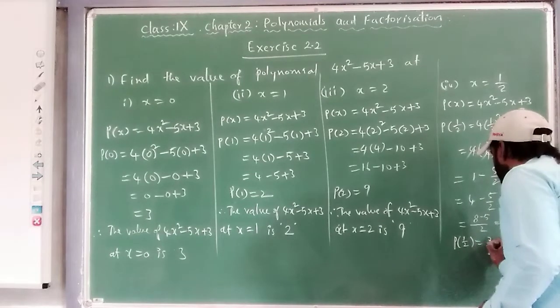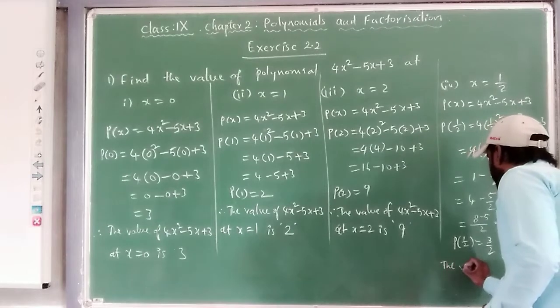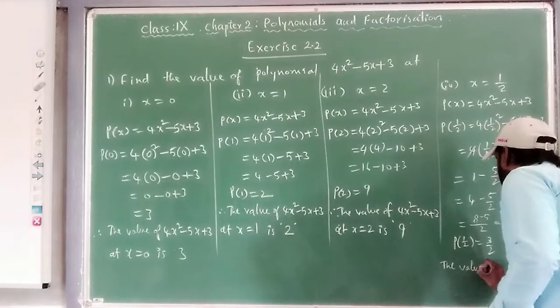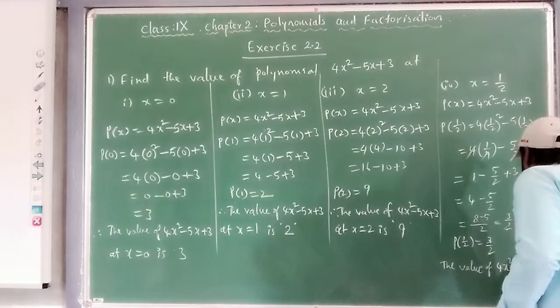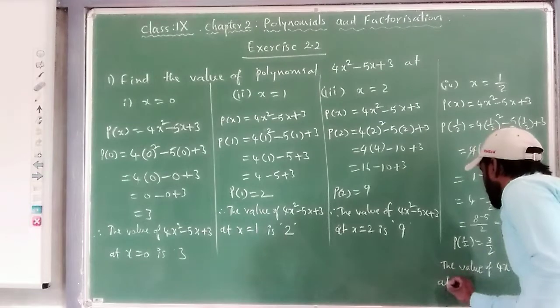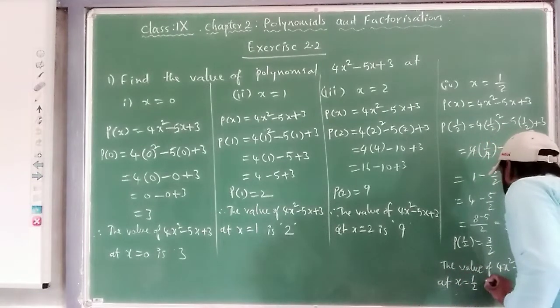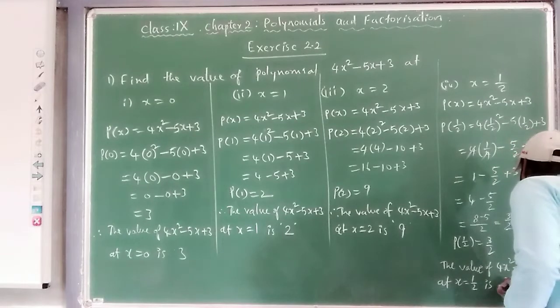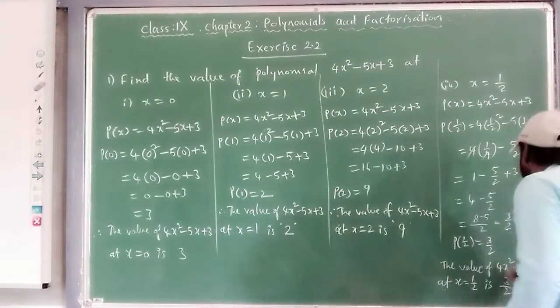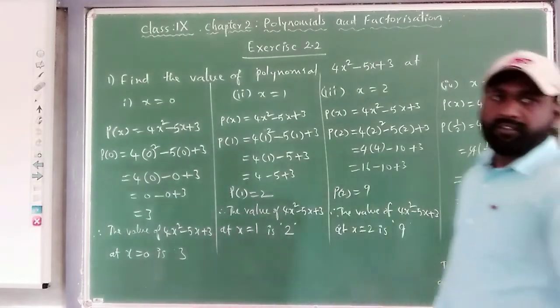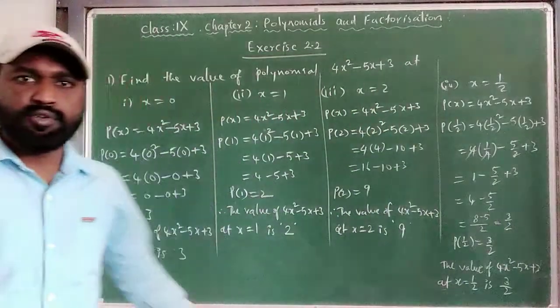That means the value of the given polynomial 4x square minus 5x plus 3 at x is equal to 1 by 2 is 3 by 2. This is our solution of question number 1 of exercise 2.2.